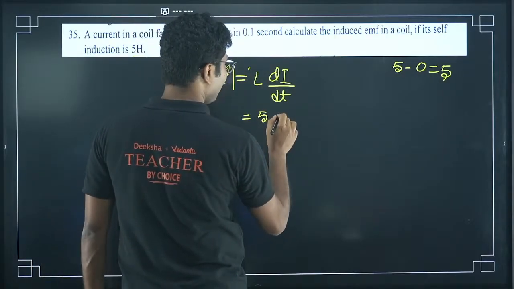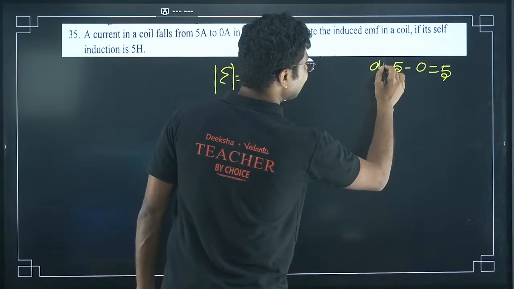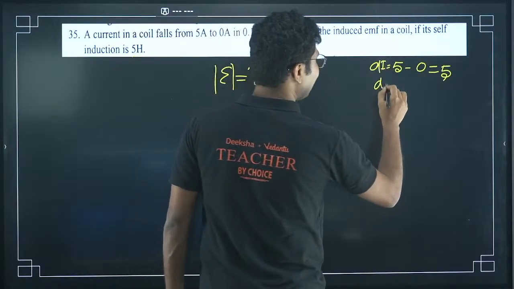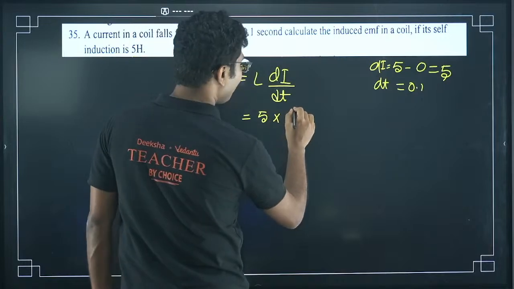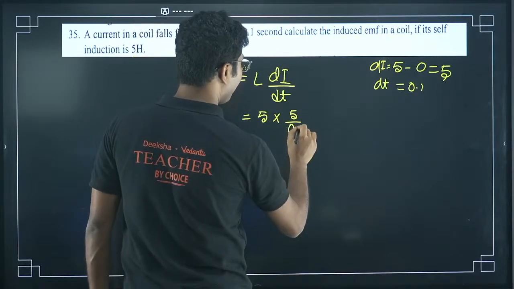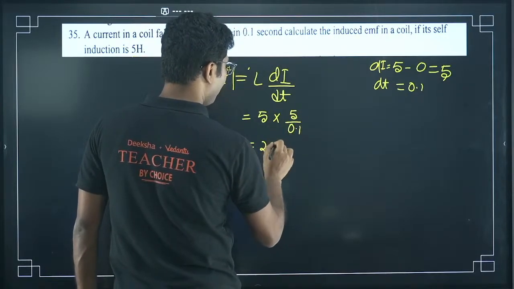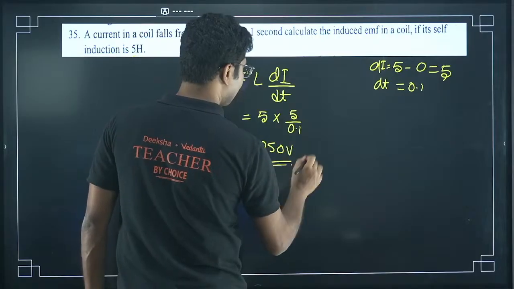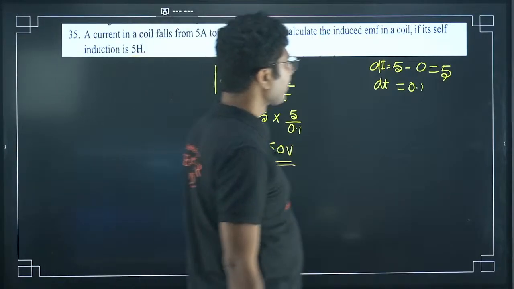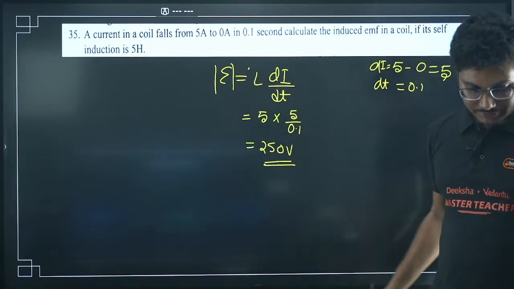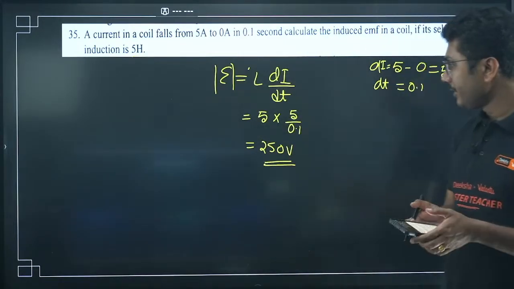So 5 into di, and dt is given as 0.1 second. So just put the values, 5 into 5 divided by 0.1, so it will be 250 volt. So the induced EMF is 250 volts, right.